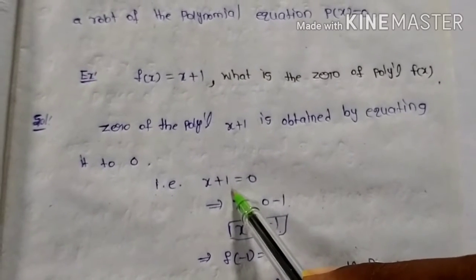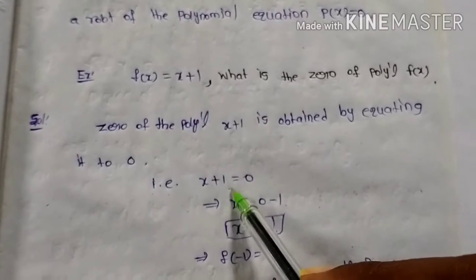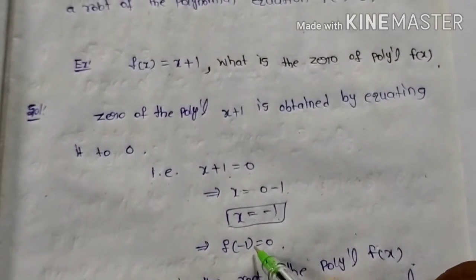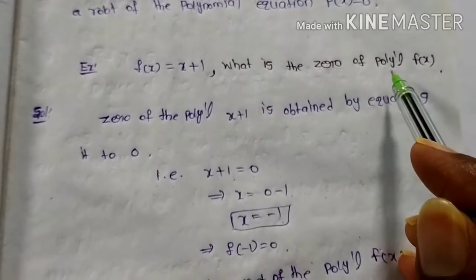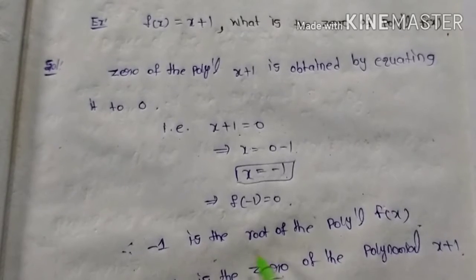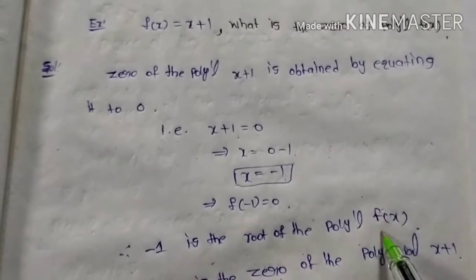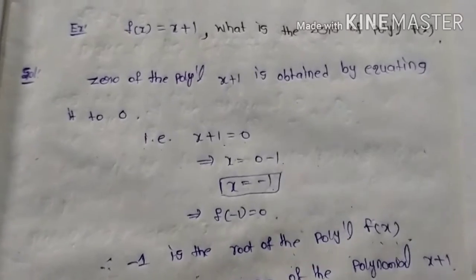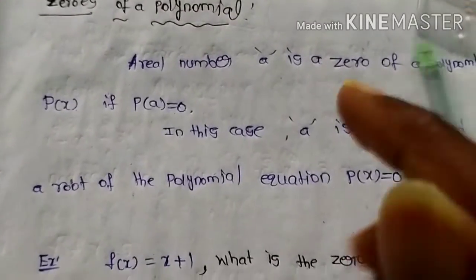Yes or no? That means if you are getting 0 as your result, then minus 1 is called the zero of the polynomial f of x. So that is why I have written here that minus 1 is the root of the polynomial f of x. Now you can see here once again.